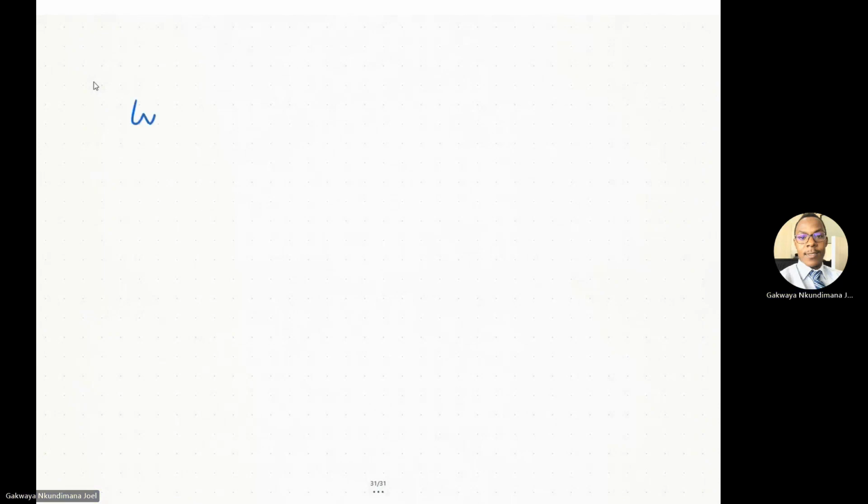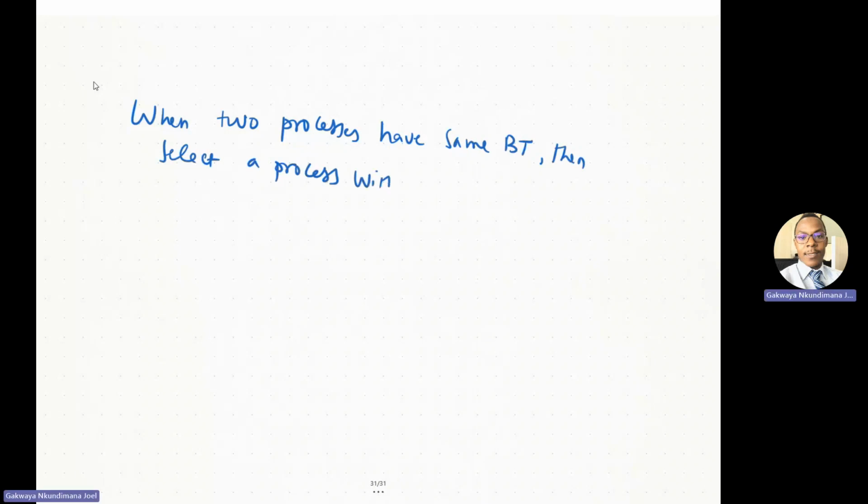I'll write here: when two processes have the same burst time, then select a process with the minimum arrival time.